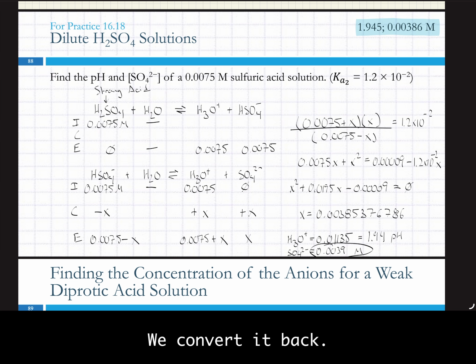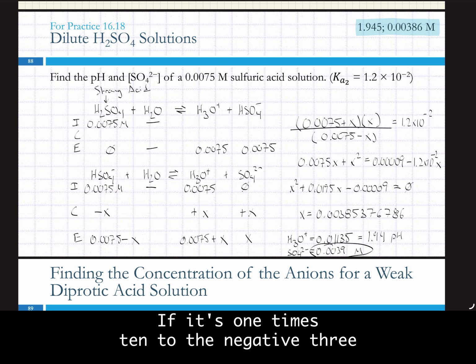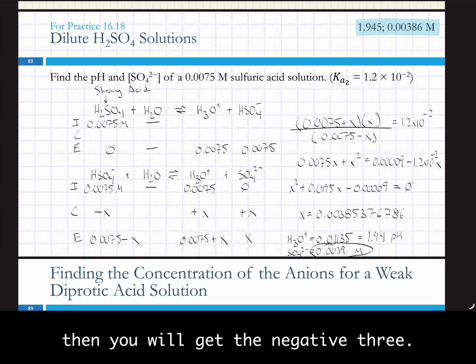When you convert it back, you should get times 10 to the negative 3. If it's 1 times 10 to the negative 3, then you would get times 10 to the negative 3.